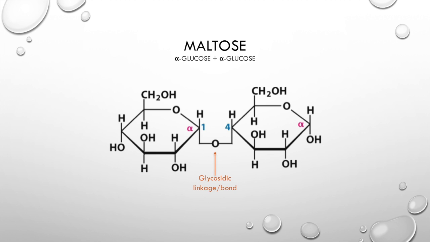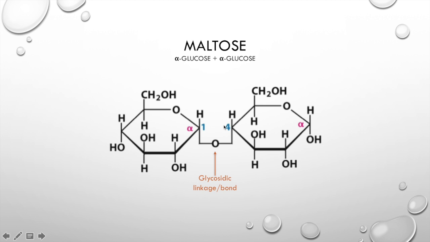And something to remember is that if you go back to the introduction to biochemistry, we looked at dehydration synthesis, or condensation, and hydrolysis reactions. So in this case, water was removed, or a dehydration reaction occurred, in order for maltose to be formed.